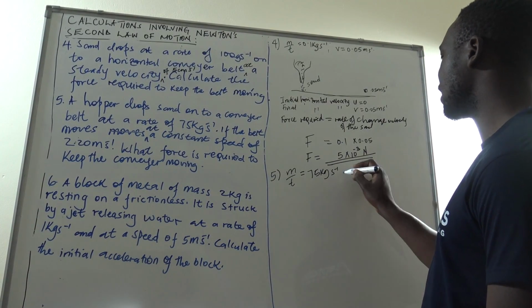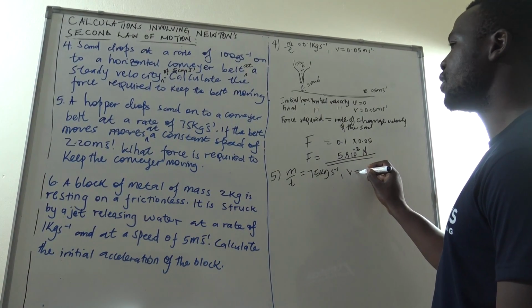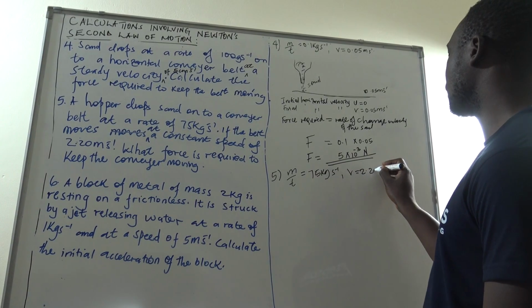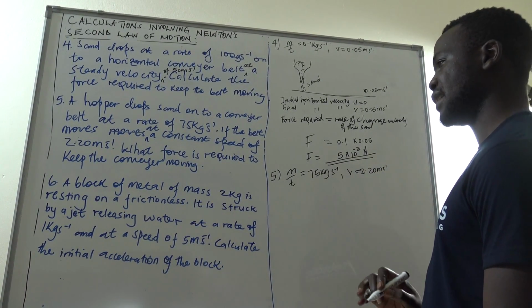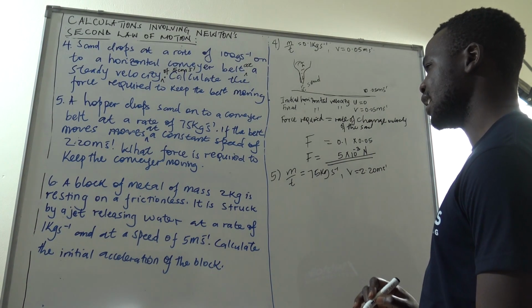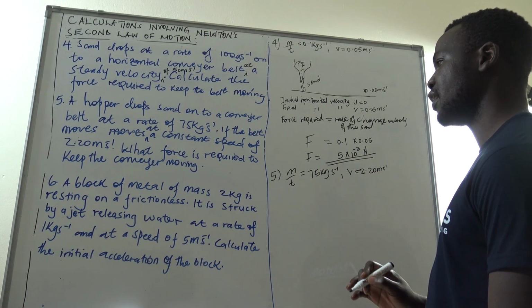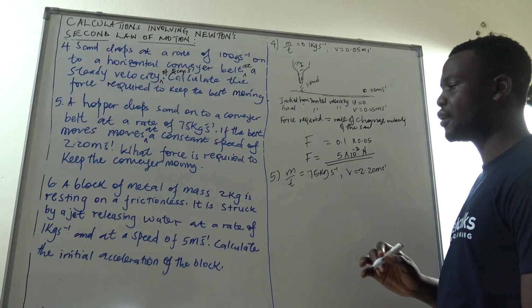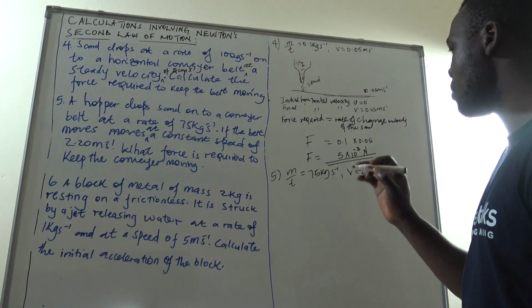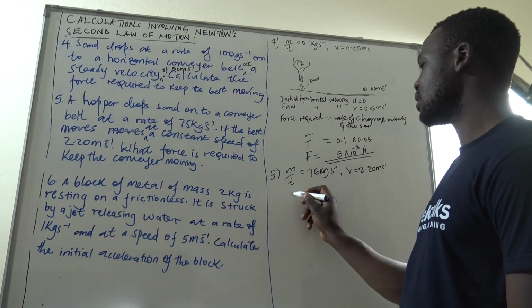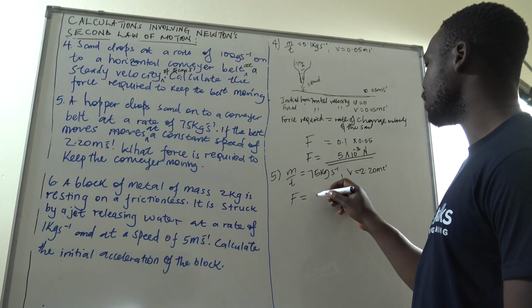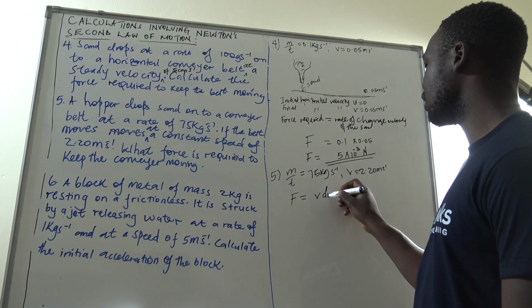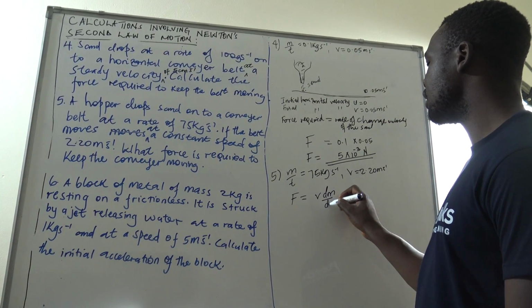If the belt moves at a constant speed v of 2.20 meters per second, calculate the force required to keep the conveyor moving. Now, how do we calculate this force? The force required to keep the conveyor moving is the same as v dm/dt.